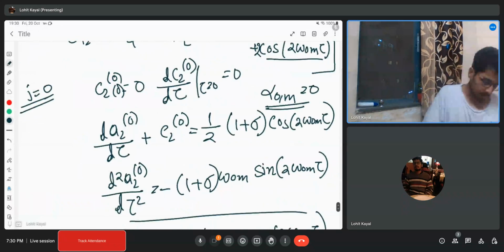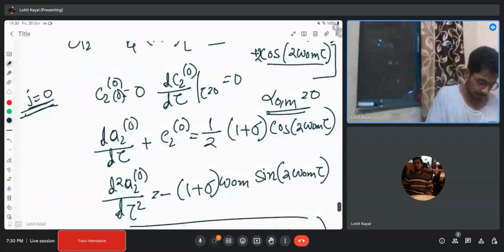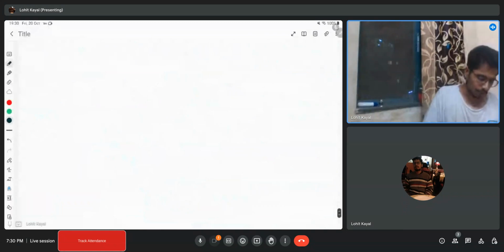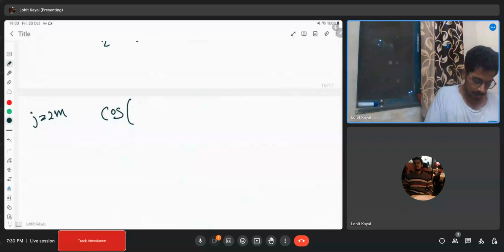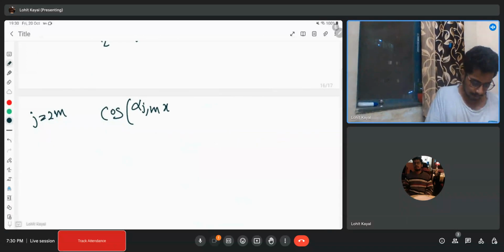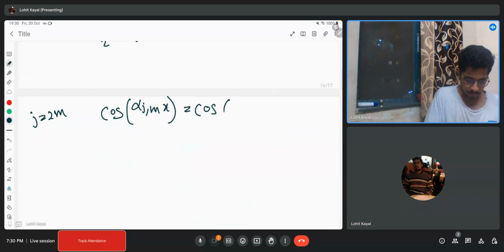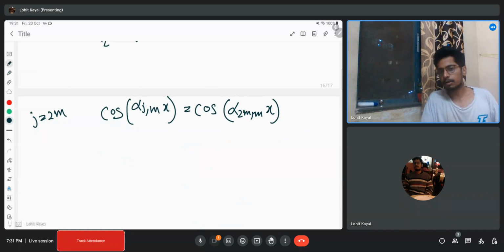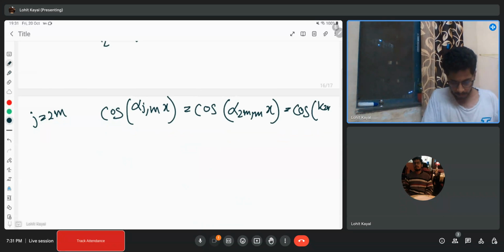So j equal to 0 means cos 0x, and j equal to 2m means cos alpha j m x is equal to cos alpha 2m comma m x, and alpha 2m comma m means cos k 2m by km x is equal to cos 2x.